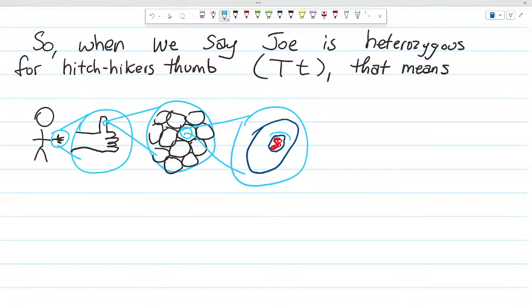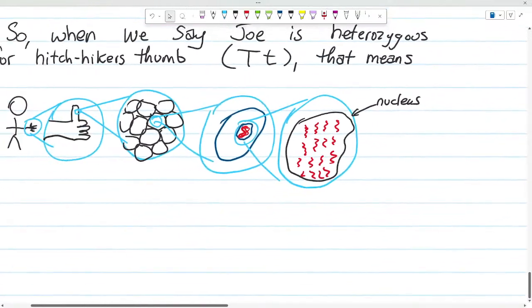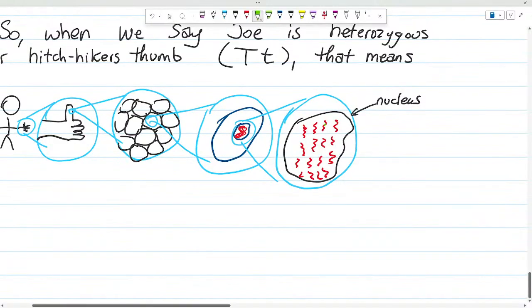If we zoom in on that, here's the nucleus, and we have 1, 2, 3, 4, 5, 6, 7, 8, 9, 10, 11, 12, 13, 14, 15. We have 26 chromosomes. Is everyone comfortable if I just draw that many? Is that cool?